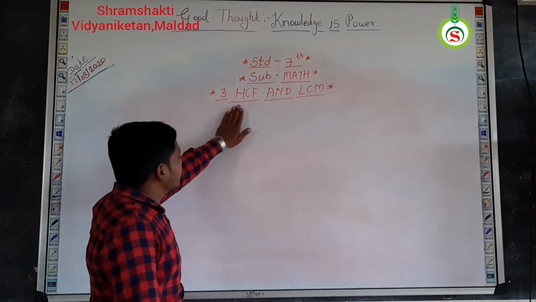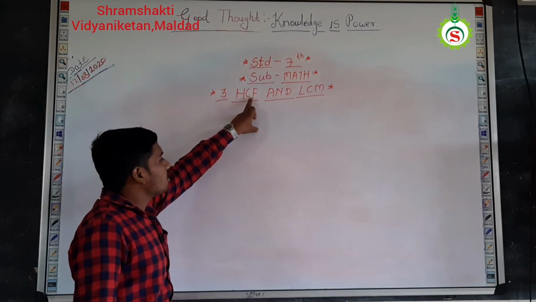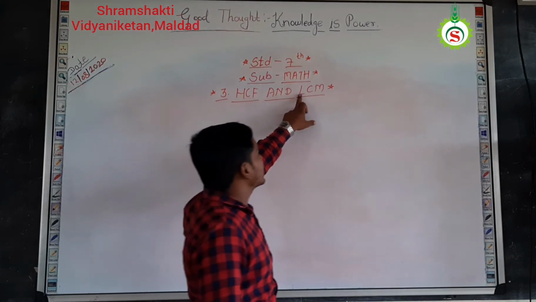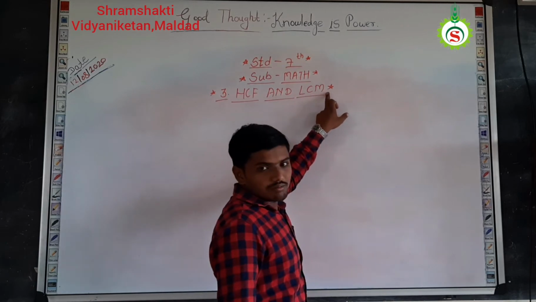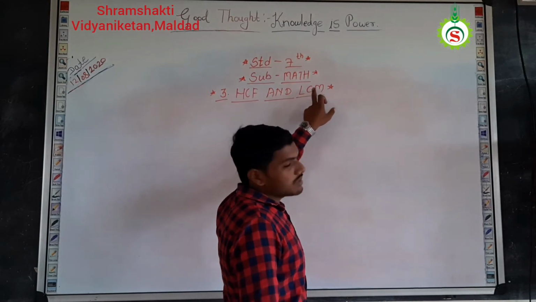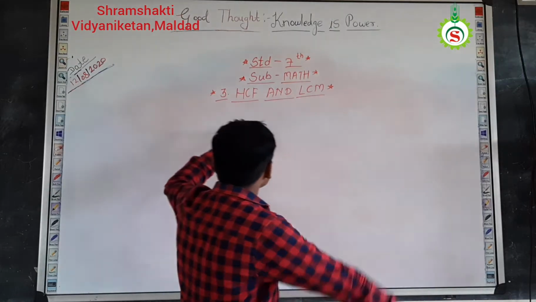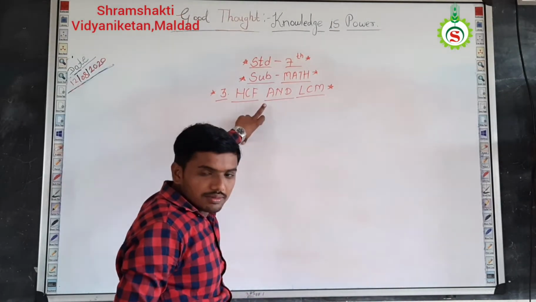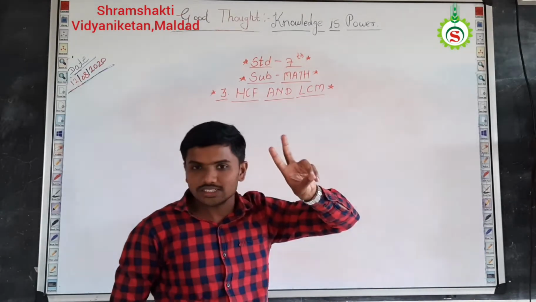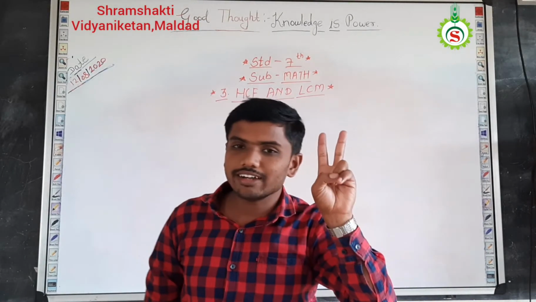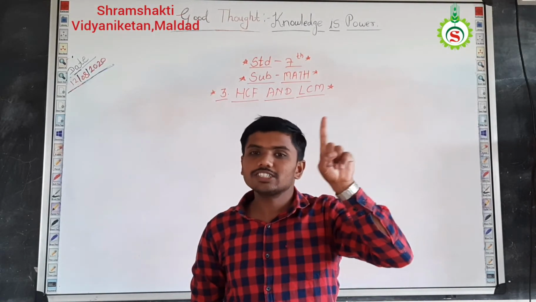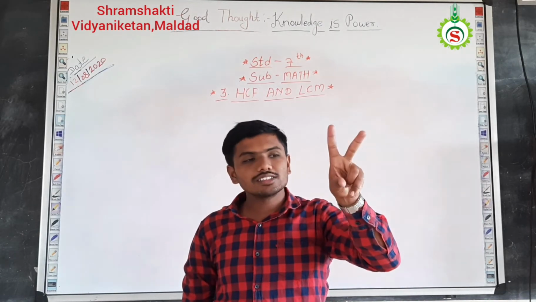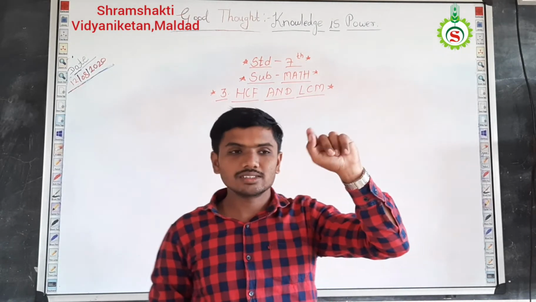Okay, so HCF means highest common factor and LCM means lowest common multiple or least common multiple. That means if I want to find out HCF, how many methods do I have? 2 methods. Which are those methods? First method is factorization and the second method is division method.